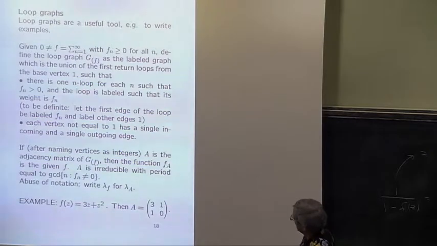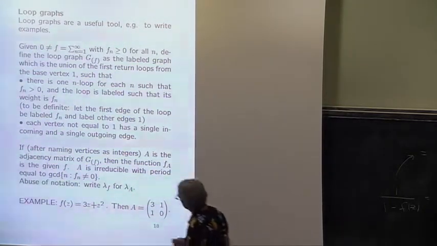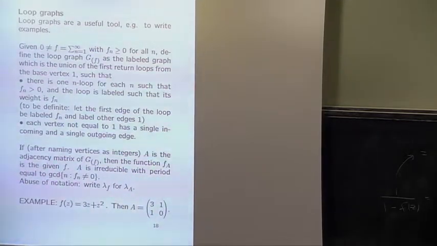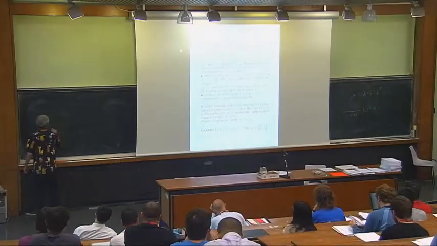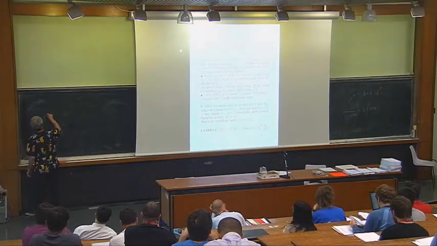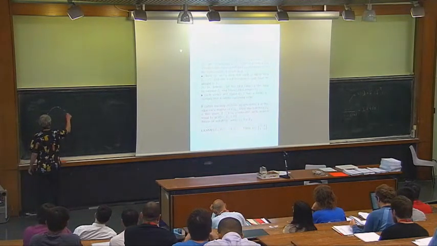So suppose we have f, not 0, and of course it's supposed to be the sum of f_n z^n, with f_n non-negative. We can define a loop graph as a labeled graph, which is the union of first return loops from a base vertex 1. Okay, so we have a base vertex. We have some other vertices.